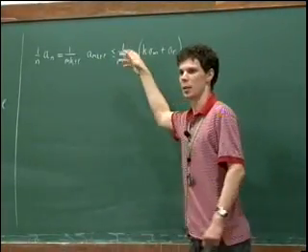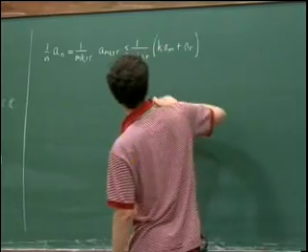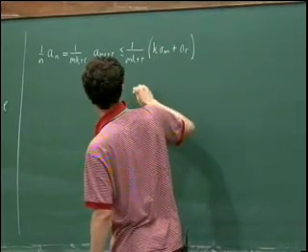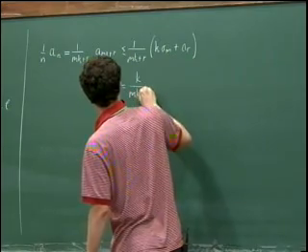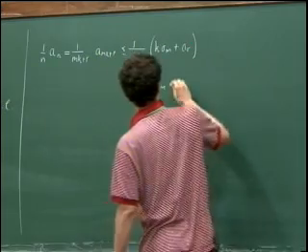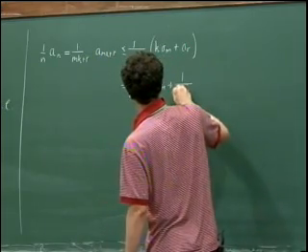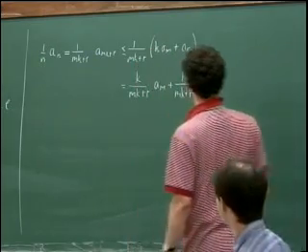This just follows by repeatedly applying the subadditivity property. So a_n over n is at most k m over (k m plus r) times a_m over m, plus 1 over (k m plus r) times a_r.